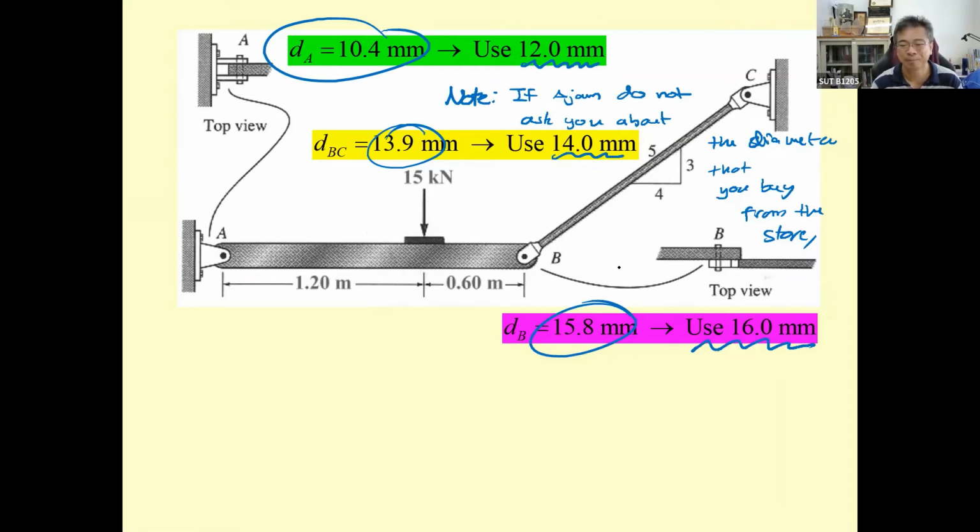So you must use what you get from your calculator. To make it clear, I mark it over here. So next time, if you make this kind of mistake, you won't complain that I didn't tell you about this.